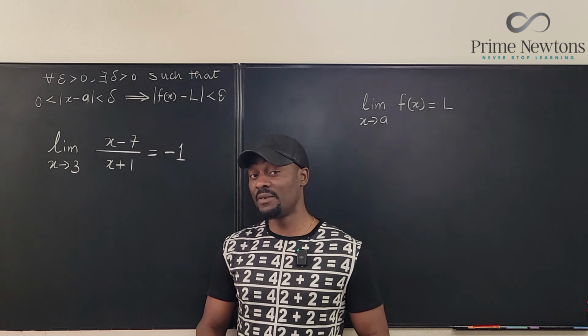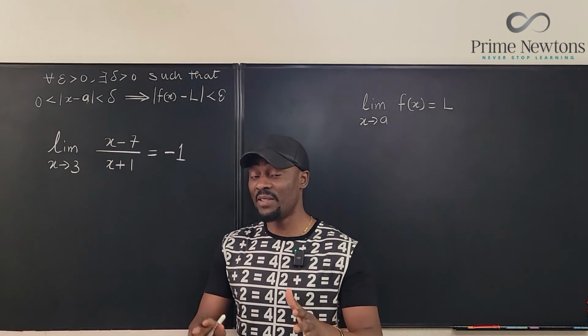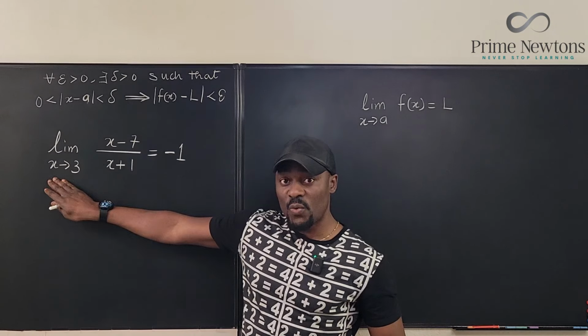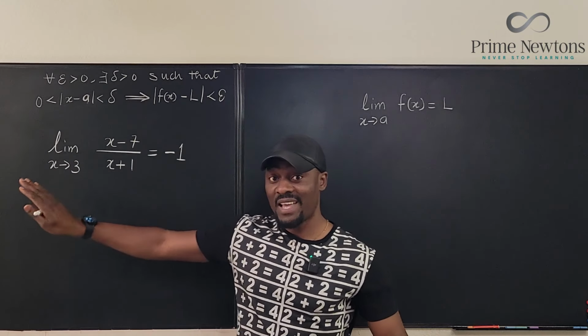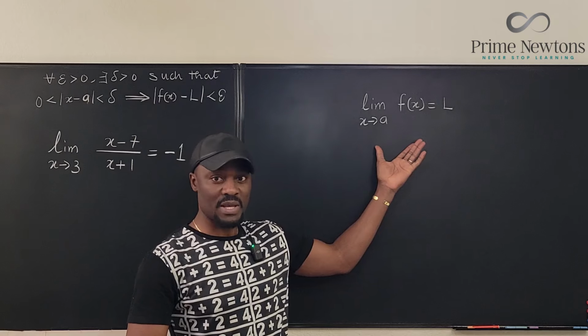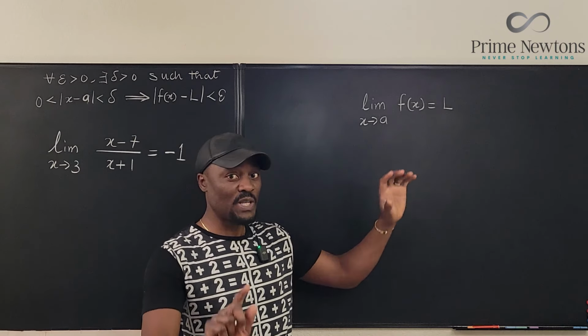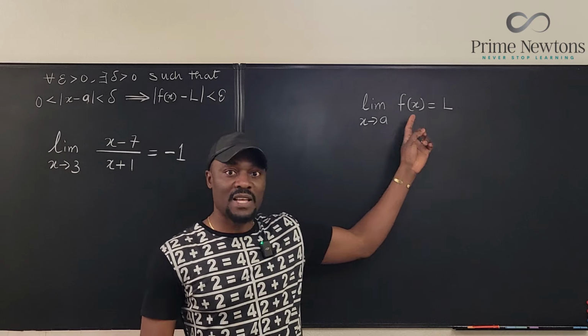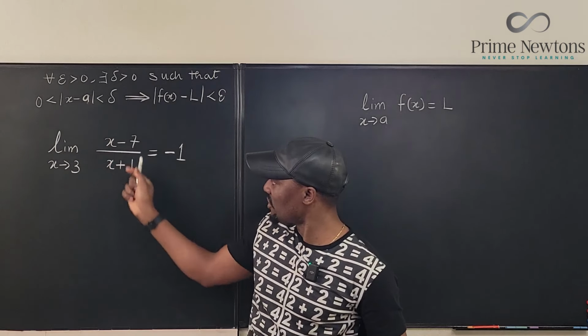Welcome to another video. This is another epsilon-delta proof for limits. We've got this limit, and I want you to compare it to this limit. As you can see, the only things we don't know, well, we don't know many things. Here, f of x will be the same thing as this rational function.